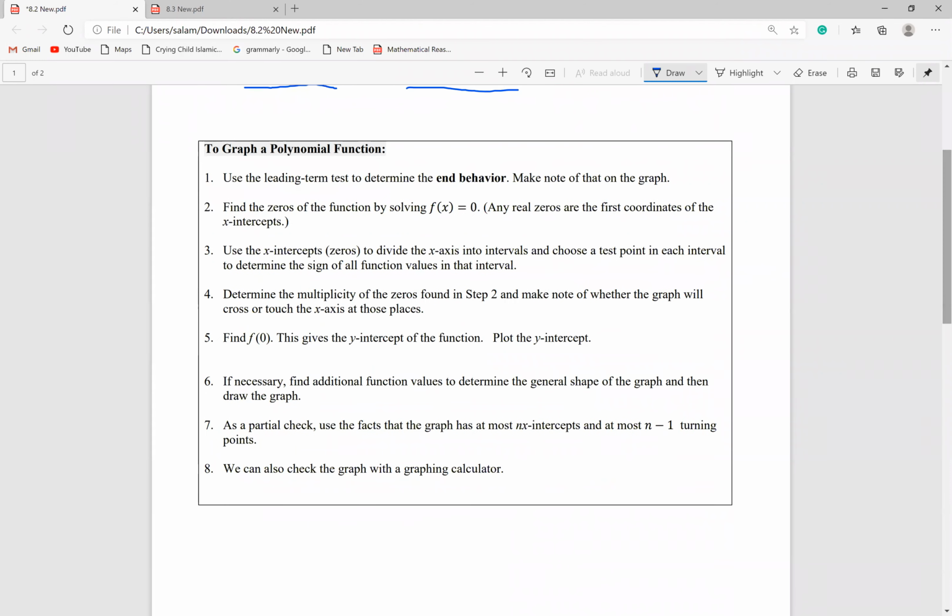Then we have some steps that we can use to graph a polynomial function. The first says that we can use the leading term to determine the end behavior. This just gives us some kind of hint. And we can find the zeros of the function by solving f of x equals 0, and that's going to be your x-intercepts.